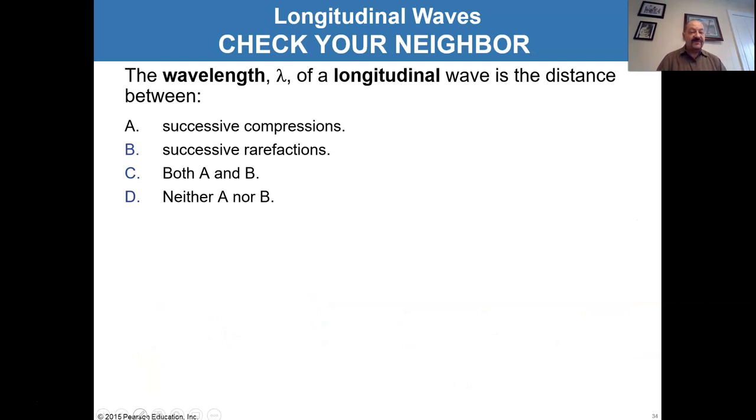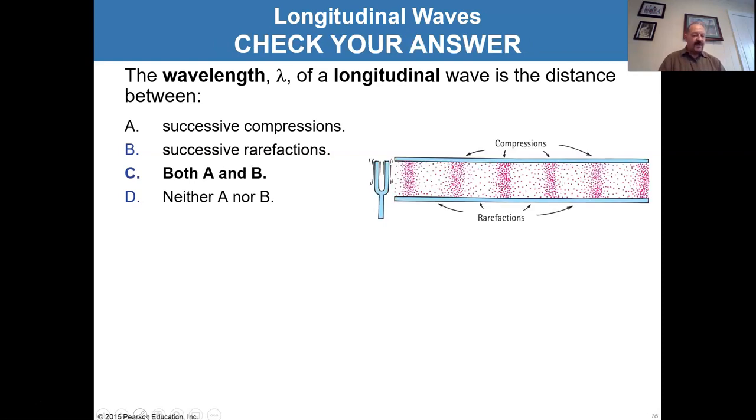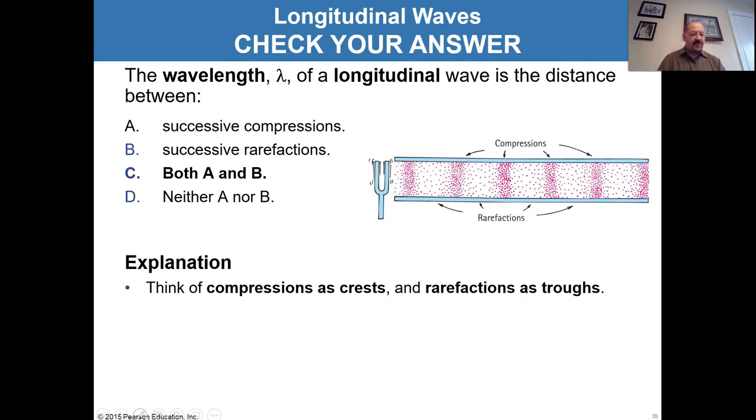All right. So the wavelength, lambda, that's the symbol for wavelength, of a longitudinal wave is the distance between, now remember, with a transverse wave, it's the distance from crest to crest or trough to trough. For a longitudinal wave, it's the distance between successive compressions, successive rarefactions, both or neither? Well, it's both. If you have these compressions, those are your crests, and the rarefactions are your troughs.